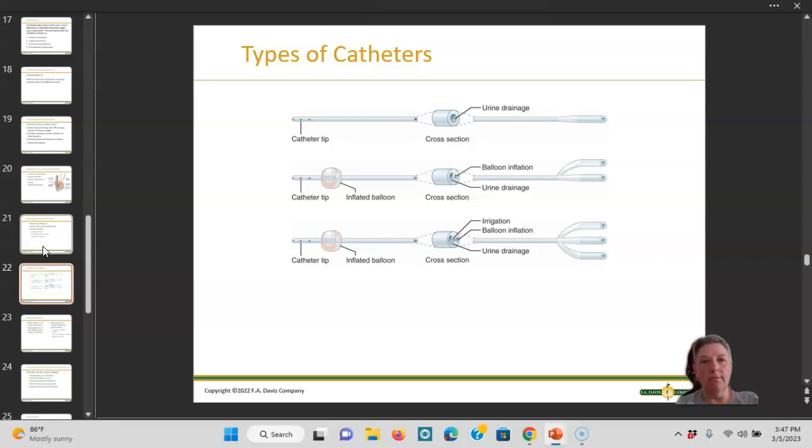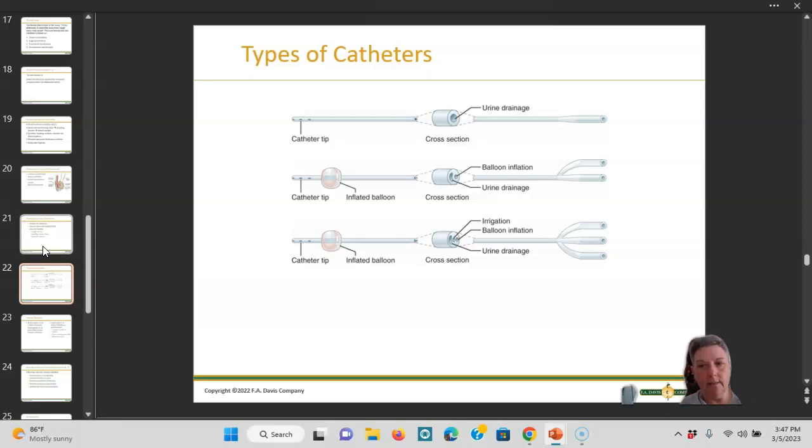So the balloon gets inflated with water that comes in the kit, versus an irrigant balloon would have two ports going down that are not connected to a drain bag. So one gets blown up with the balloon. The other one is for irrigant.